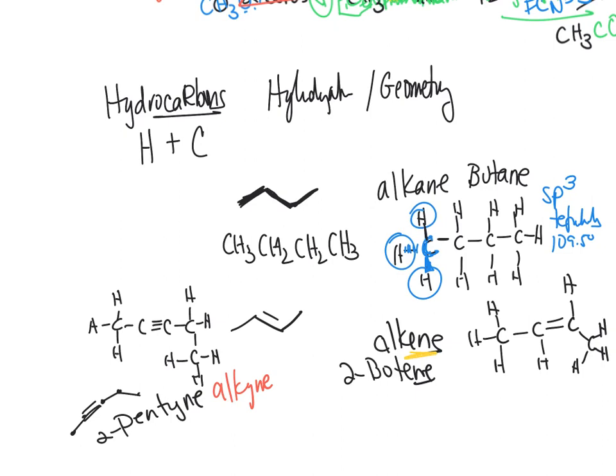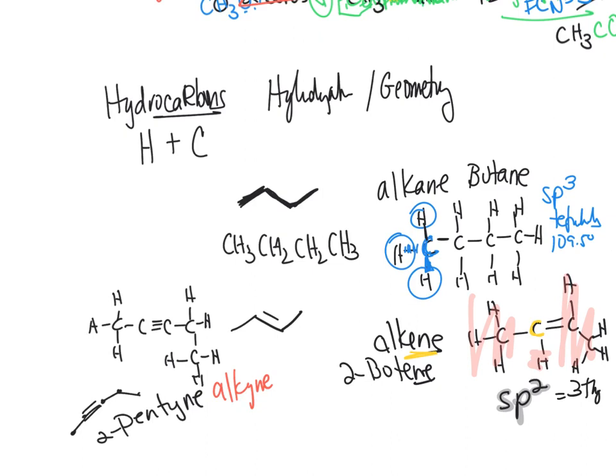Now, when you go to the alkene, you have this carbon, and this carbon is bonded to 1, 2, 3 things. So this one is sp2, because 2 plus 1 is 3. Okay, 3 things.